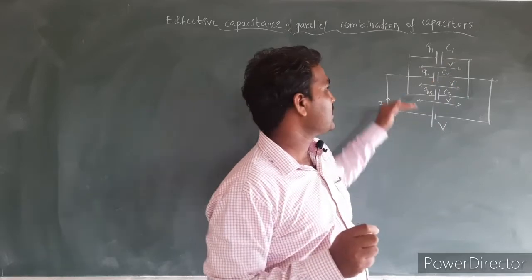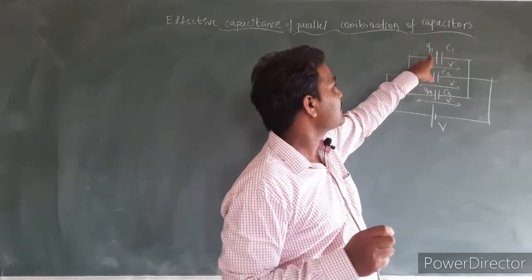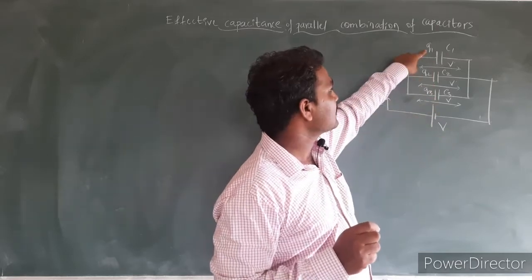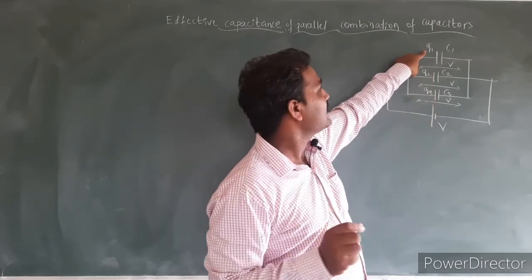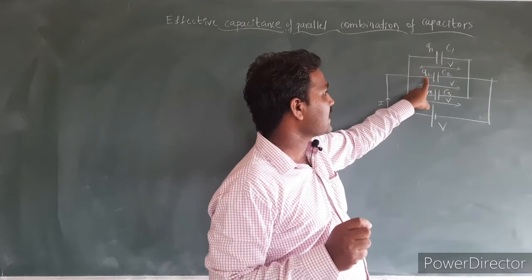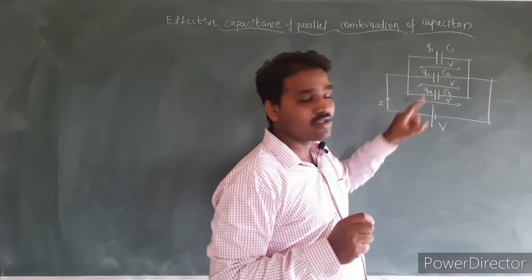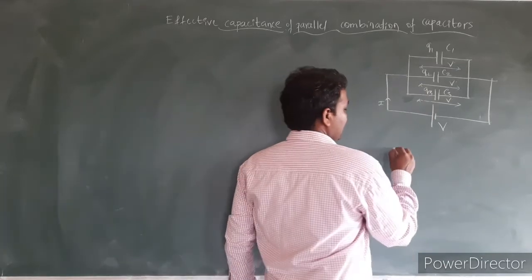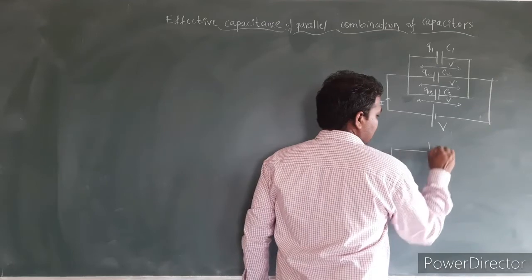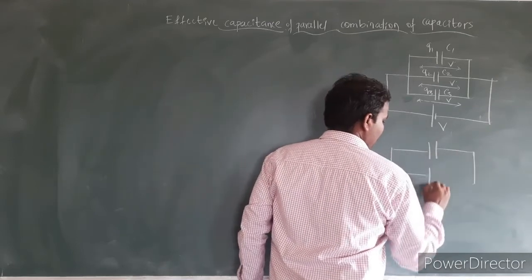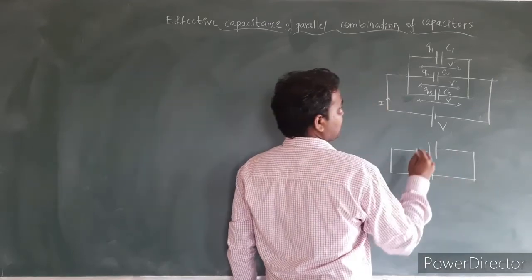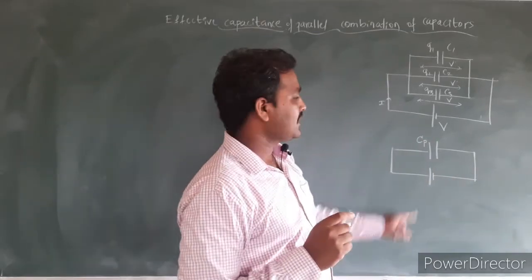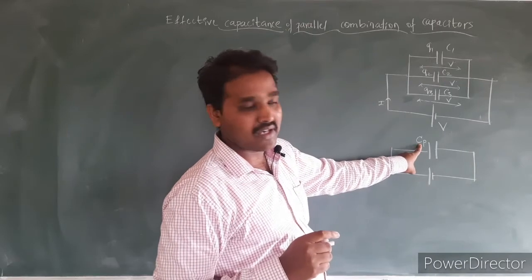In a parallel combination, the current gets divided. Hence, the charge stored in the capacitors also gets divided. Let the charge stored in capacitor C1 be Q1, in the second capacitor Q2, and in the third capacitor Q3. If I draw the equivalent circuit of the parallel combination, the effective capacitance I call CP, which indicates the combination is parallel.